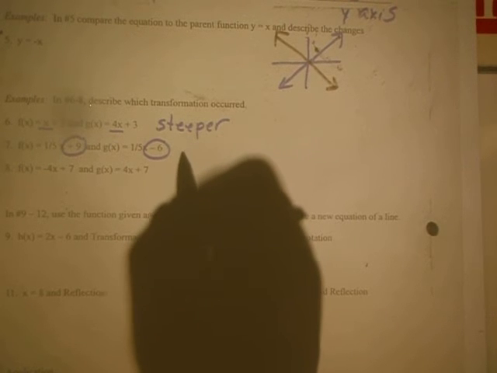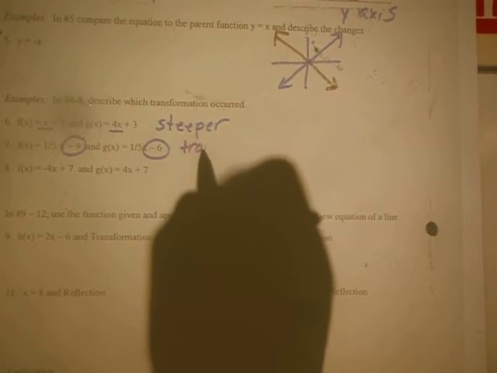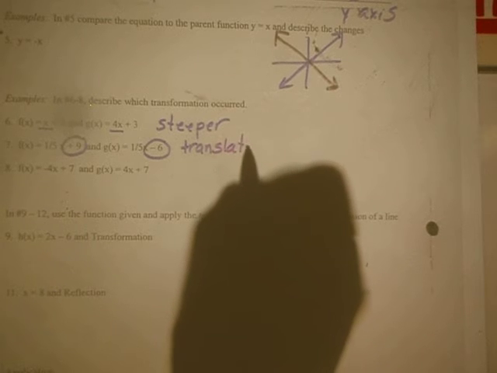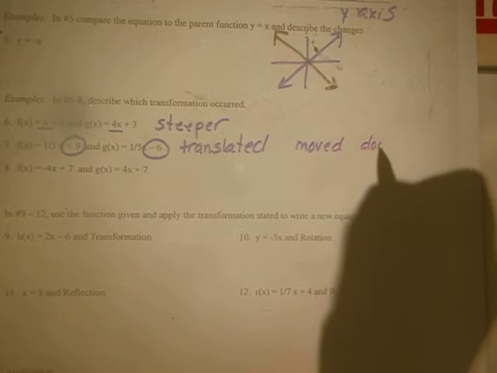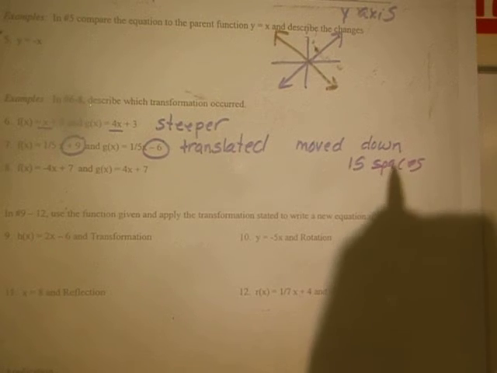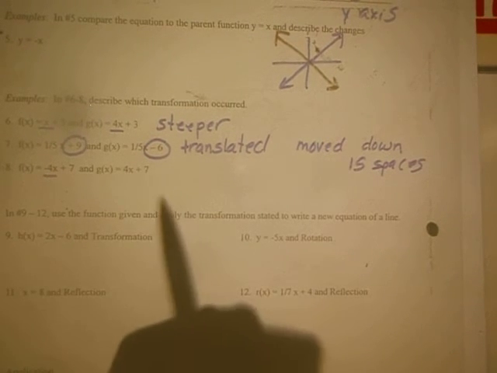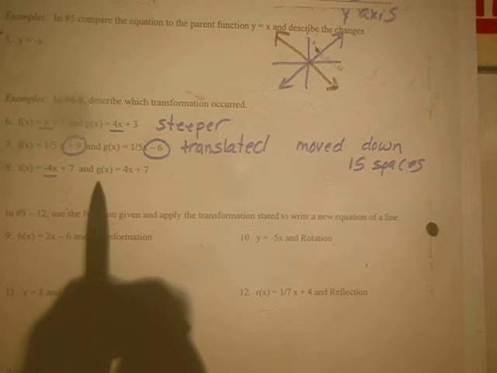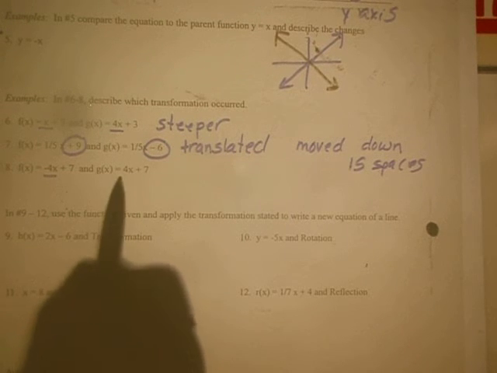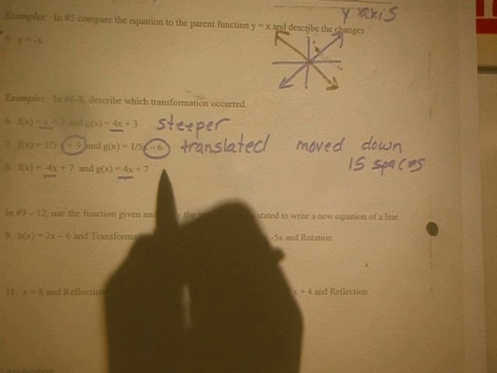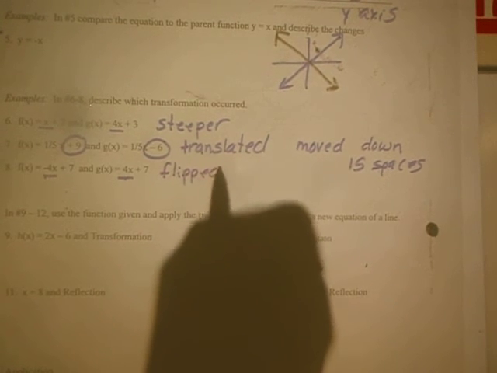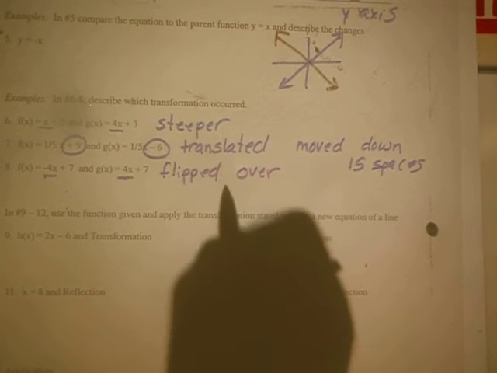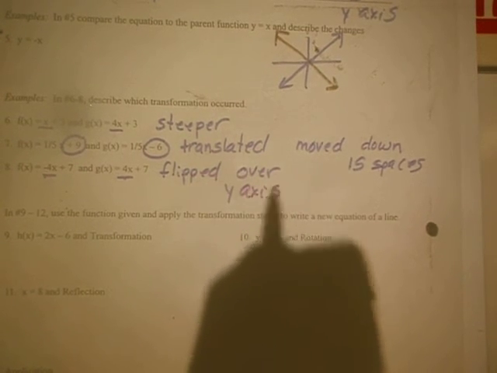From 9 to negative 6, this graph was translated, or moved down 15 spaces. And number 8, f of x equals negative 4x plus 7, g of x equals 4x plus 7. We went from a negative 4x to a positive 4x. So this was flipped, or reflected, over your y-axis.